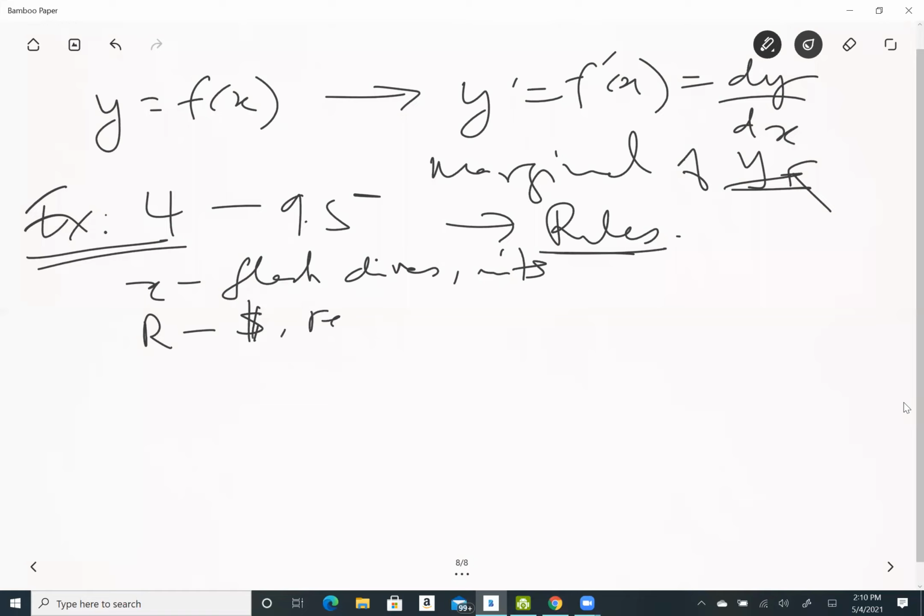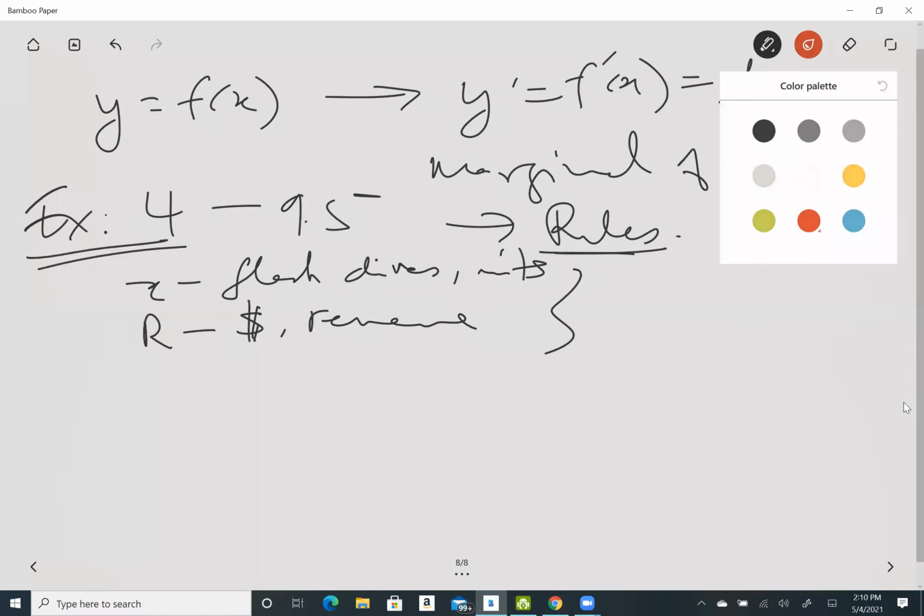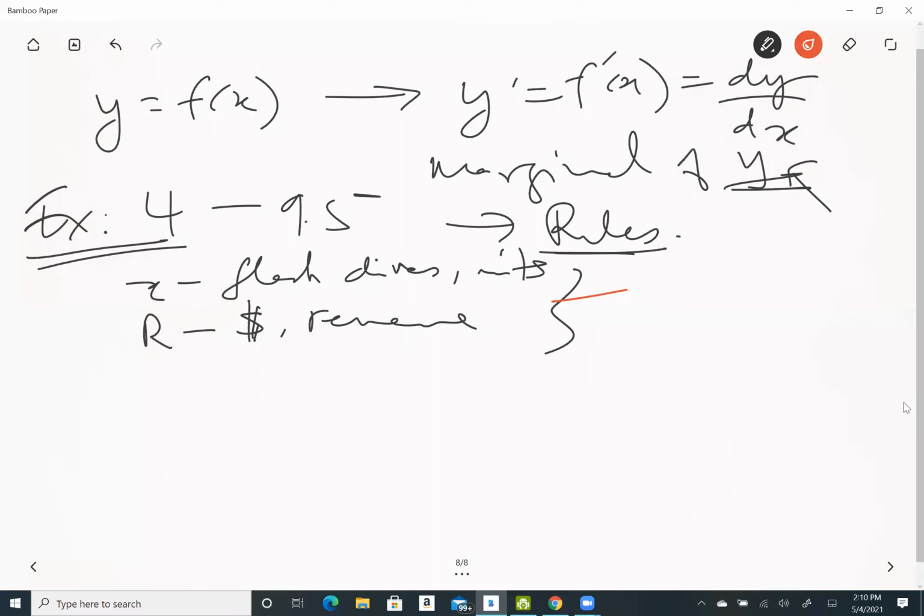Now, I want to make a comment here. We'll go back to the homework, homework number 1, which you submitted to me. When we do an application, you have to specify the variables. You have to specify what is x, what is y for the relevant application, and then the units. For the homework problem that you have, some people do not specify anything.